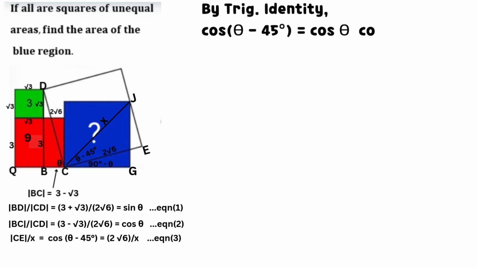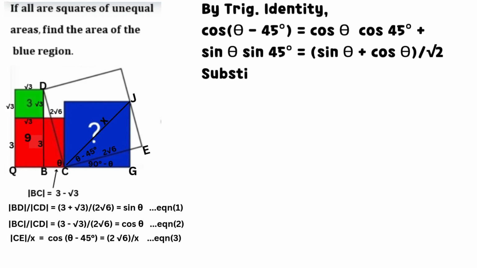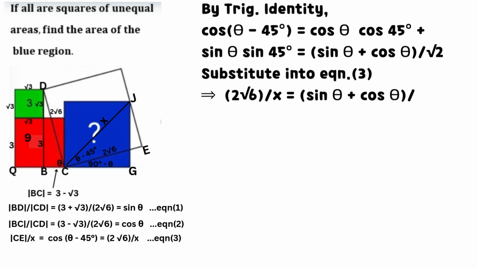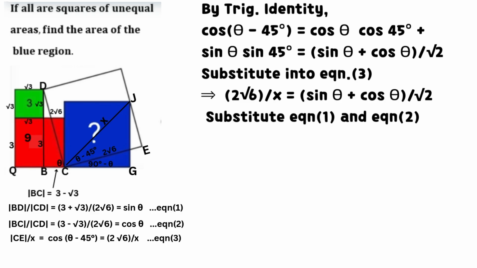By trigonometric identity, cosine of theta minus 45 degrees equals the product of cosine theta and cosine 45 degrees plus the product of sine theta and sine 45 degrees, which equals the sum of sine theta and cosine theta, all divided by the square root of 2.